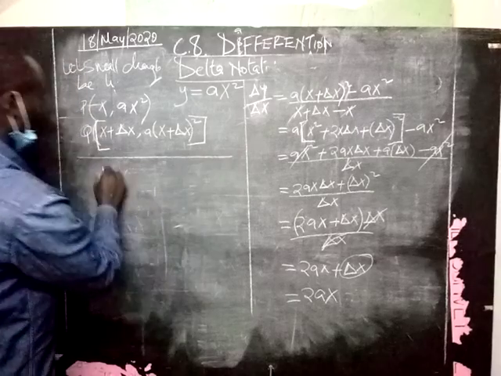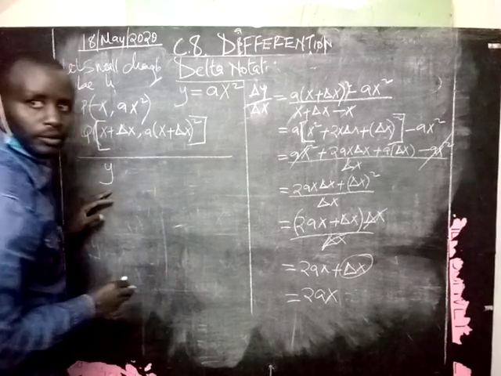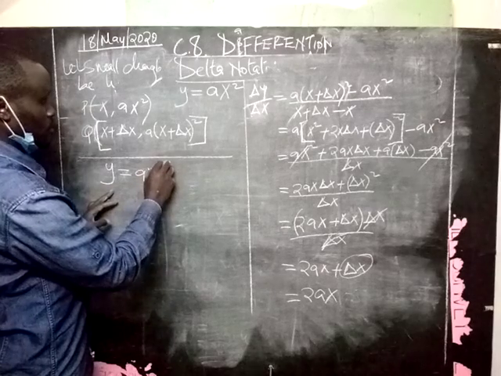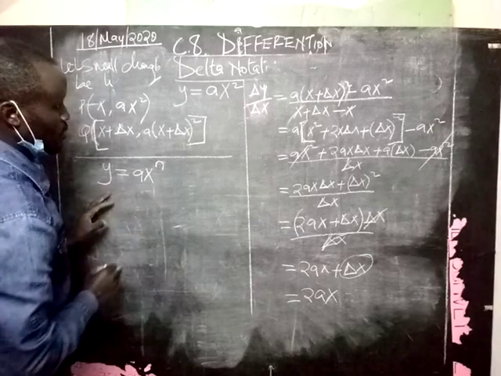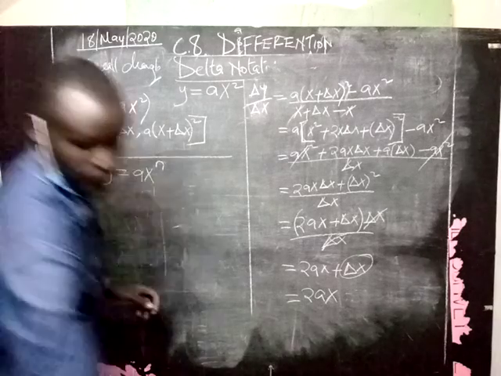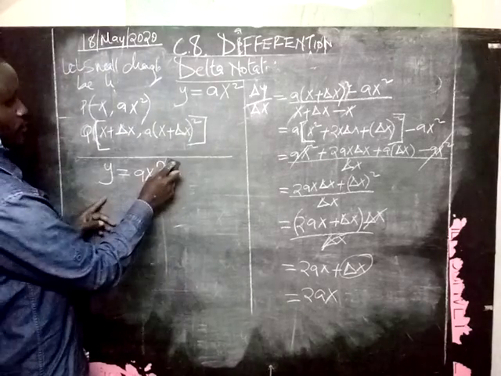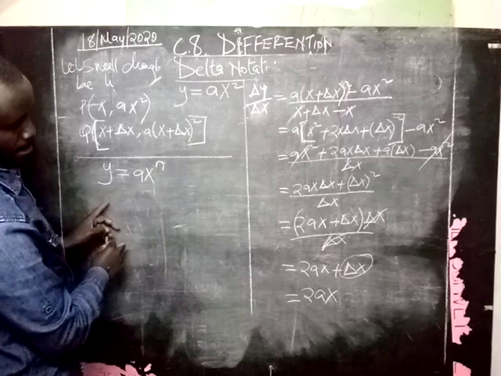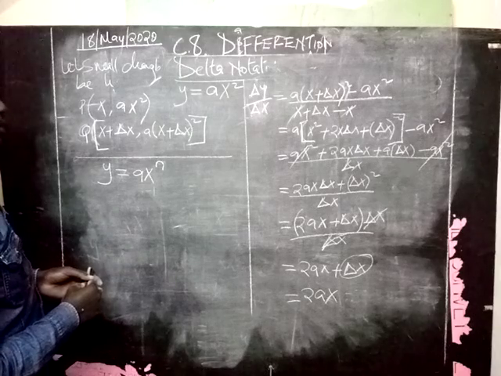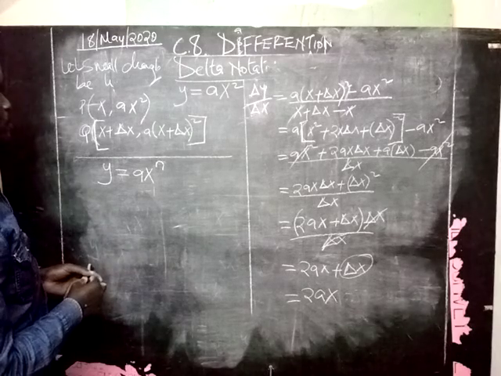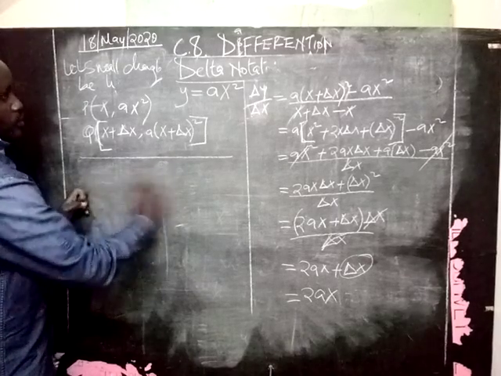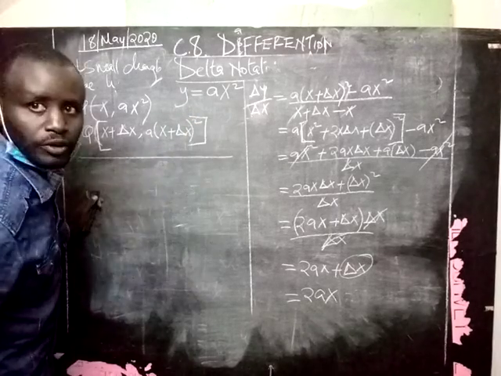This also brings us to a general formula. We have ax raised to n. Let us use this before we conclude.